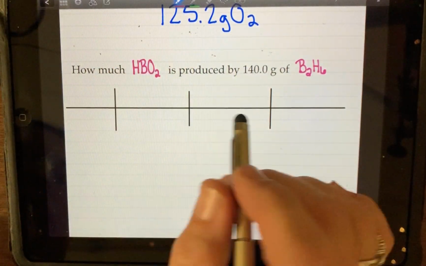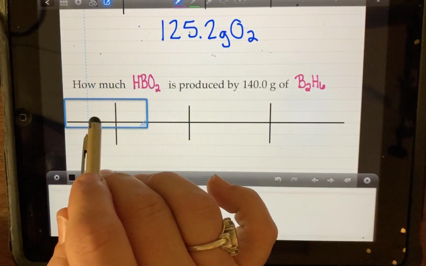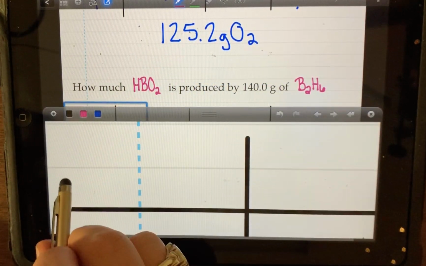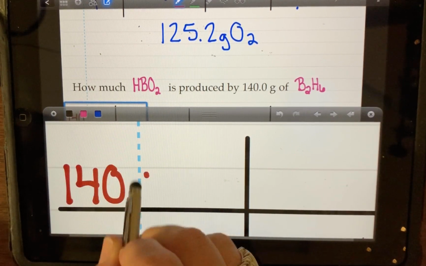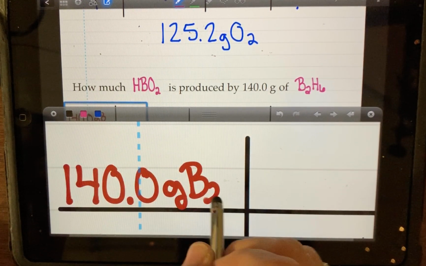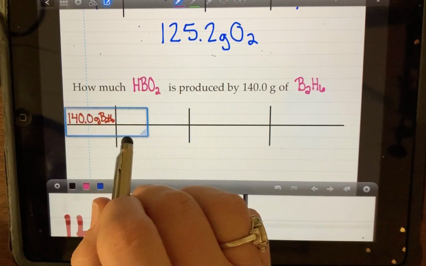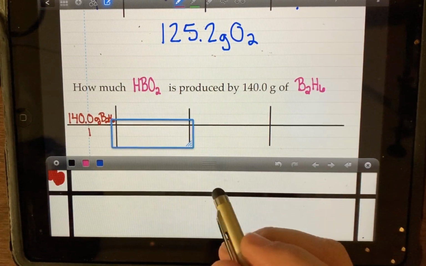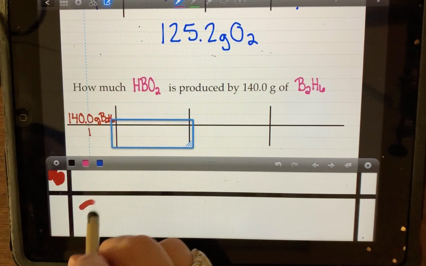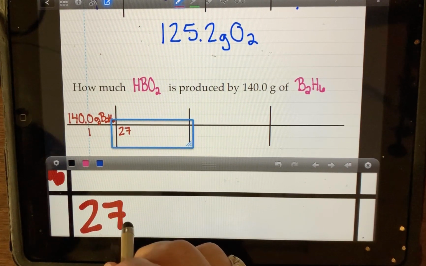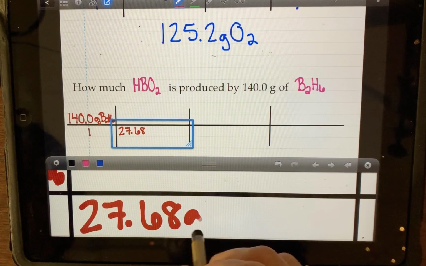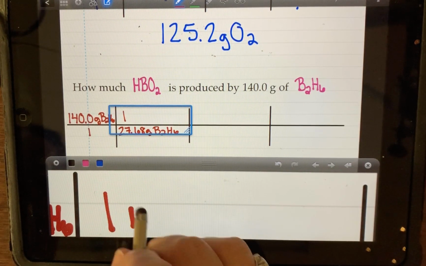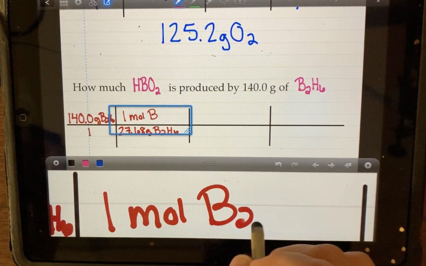I start with what I'm given, the 140 grams of B2H6 over 1. Now, my grams of B2H6, we've already done that once before. We know that it's 27.68 grams B2H6, and that is equivalent to 1 mole of B2H6.